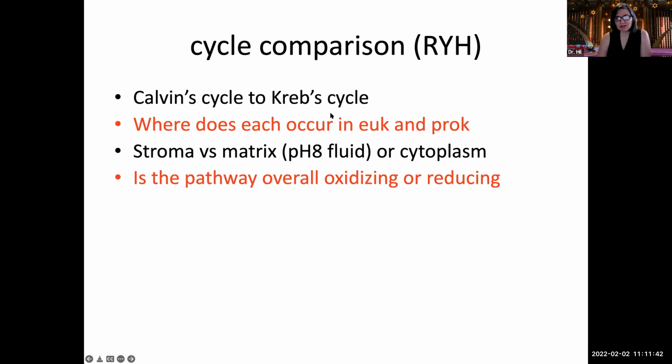Is it being oxidized or is it being reduced? That's right. It's oxidizing in terms of the fuel that we're putting in the top, which is the acetate, which came from glucose. So it's part of the process of oxidizing glucose, taking electrons out of glucose.